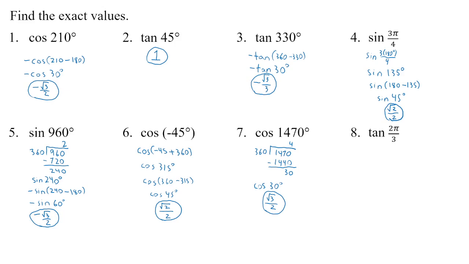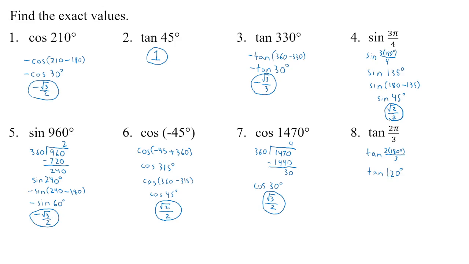Okay, finally, we're looking for the tangent of 2 pi over 3. 2 pi over 3 is in radians, and we need to convert that to degrees by replacing pi with 180 degrees. Remember, pi radians equals 180 degrees. So we have 2 times 180 divided by 3, which gives you 120 degrees.